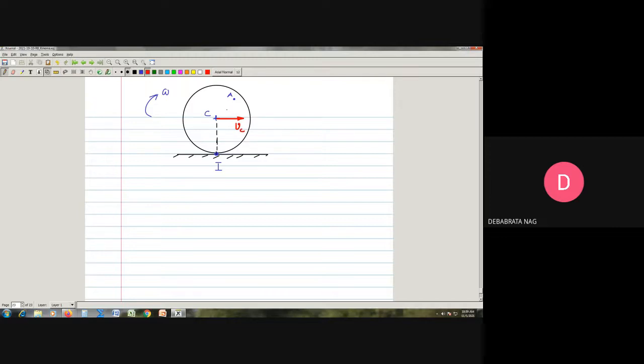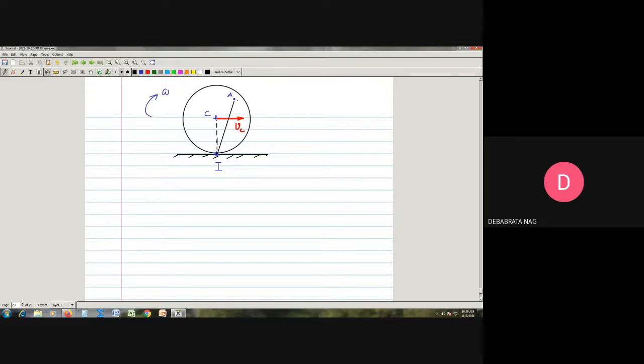Now, in order to calculate the velocity of point A, what I need to do is simply join this IA. So we can join these 2 points here like this. Now you see the sense of rotation is in the clockwise sense. So what I need to do is to draw a line which is perpendicular to this line.